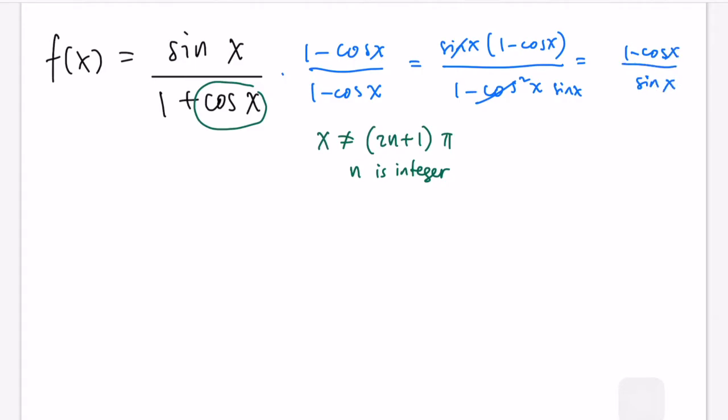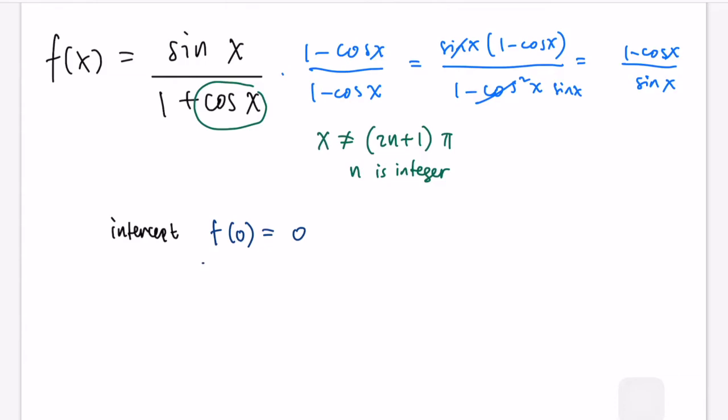We can check the intercept. We can check the intercept when x is 0. It's also 0.